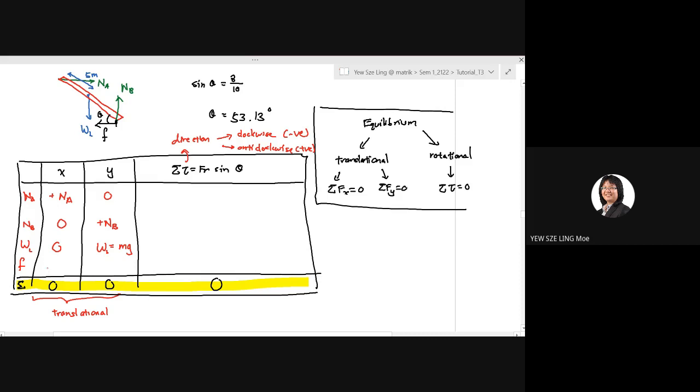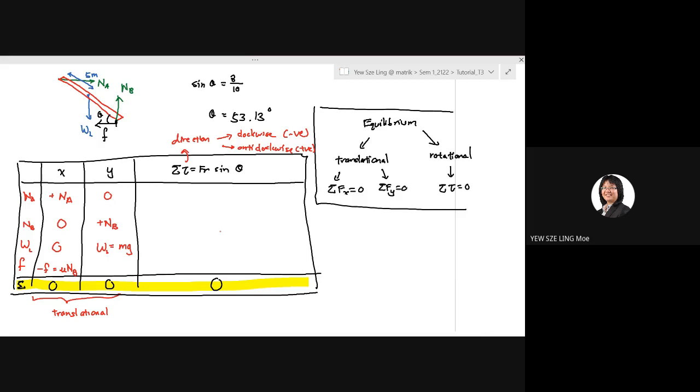So it's negative F. Now, this negative F at the same time is equal to your mu N. Which N? It's located at point B. It is the frictional force that exists at point B. Therefore, this should be NB. So now I have everything for the x component and y component.